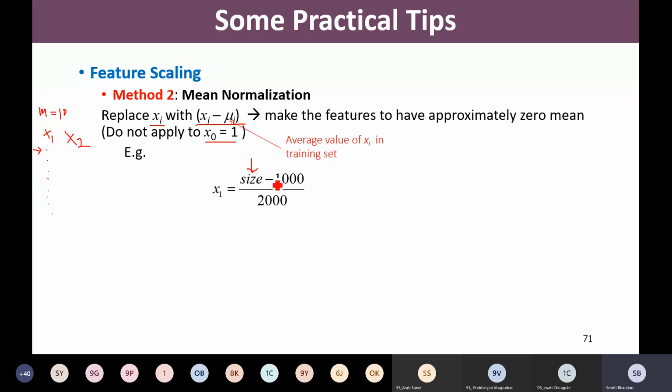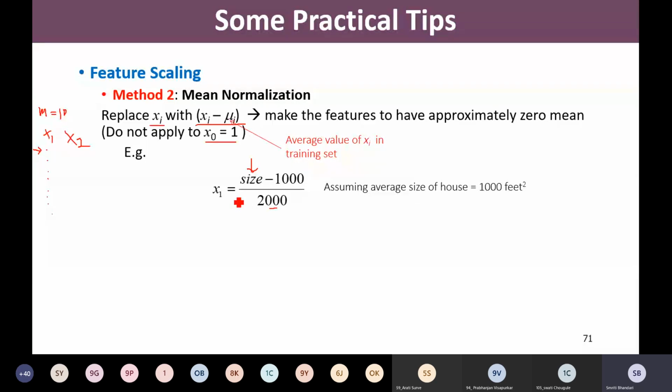So whatever that x1 value is, the size of the house, we pick it and subtract the average size of the house, let us assume 1000. Then we divide by the maximum in the range. We have seen that the range is 0 to 2000, so the maximum value for size of the house is 2000.